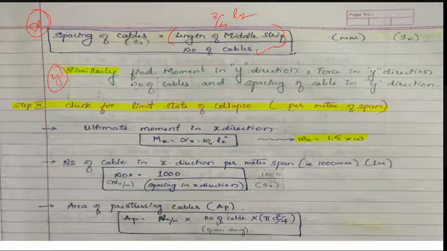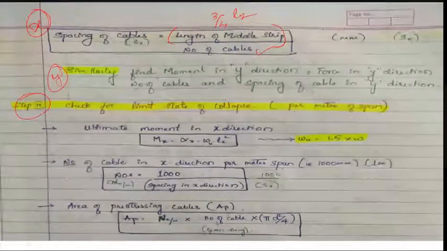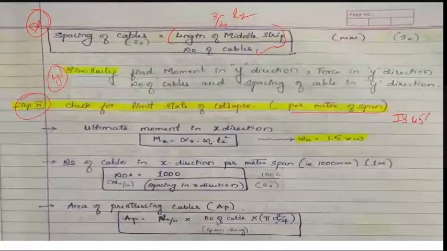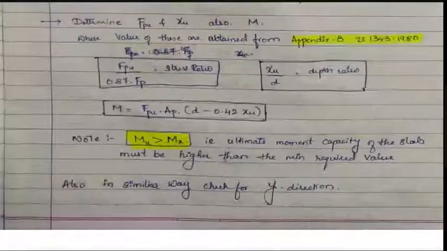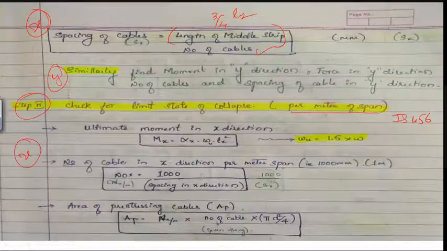Okay, the fourth step is limit state of collapse, per meter of span. This is also as per IS 456 only. Here first I am going for x direction, before that I am taking ultimate moment in x direction.